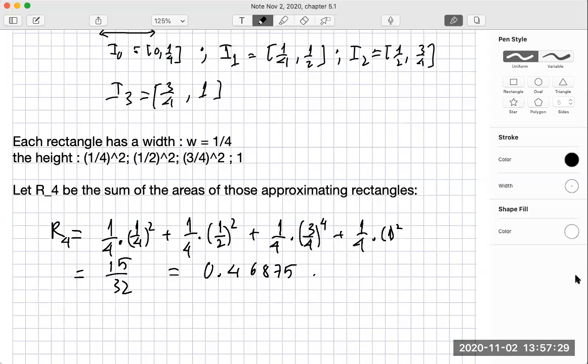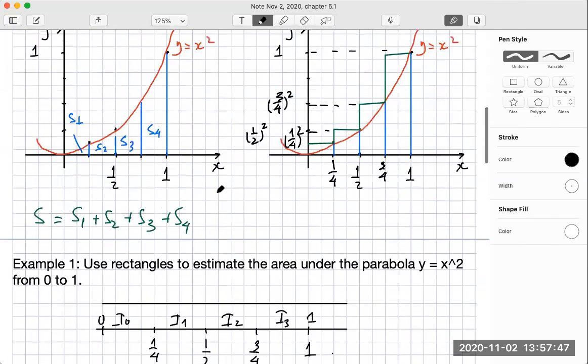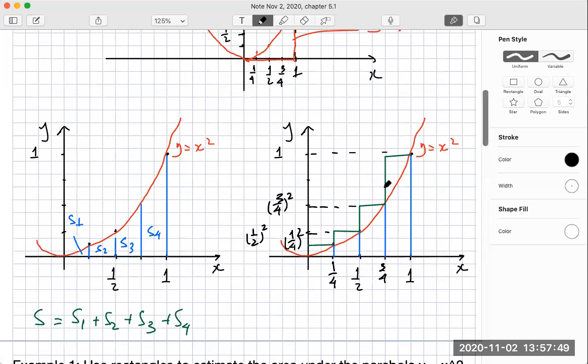Okay. Do we have to say if it's an over approximation or under approximation? Sorry? Do you want us to write down if it's an over approximation or under approximation? Very good. Yes. We see that the area of these rectangles is always larger than the true area under this curve, right?